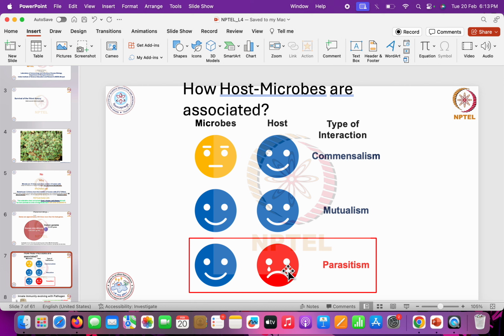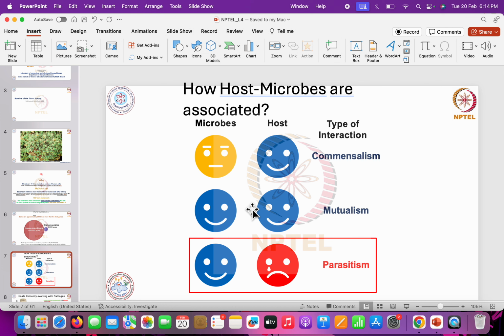Commensalism means that the bacteria or virus staying with you is not harming you, so you are happy as it is, but it is making use of your cells and your nutrients and getting benefited, while you are not getting any benefit. In mutualism, the bacteria or any microbe staying in the host, and the host, both get benefits or help from each other, right?